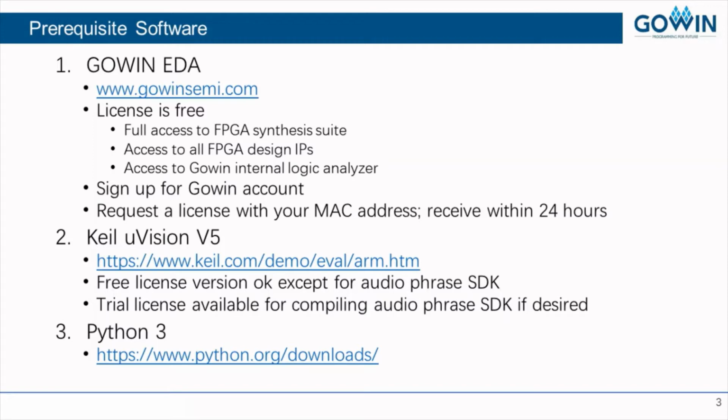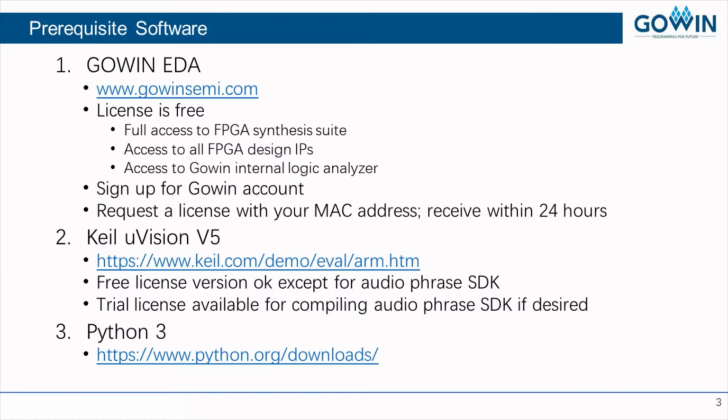First, I want to go through the prerequisite software that you'll need for the class. Since this is a digital conference and we were unable to obtain the attendees list prior to the event, you can install the software and get it ready. You will be required, particularly for Gowin EDA, to attain a license.